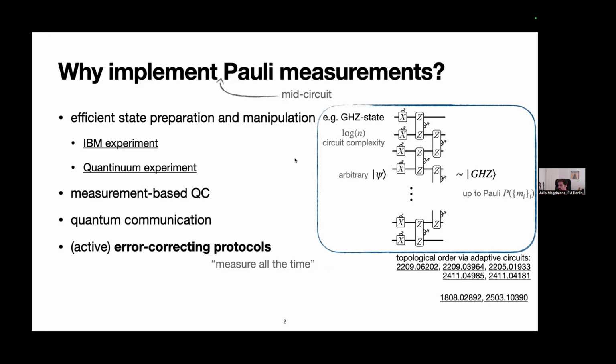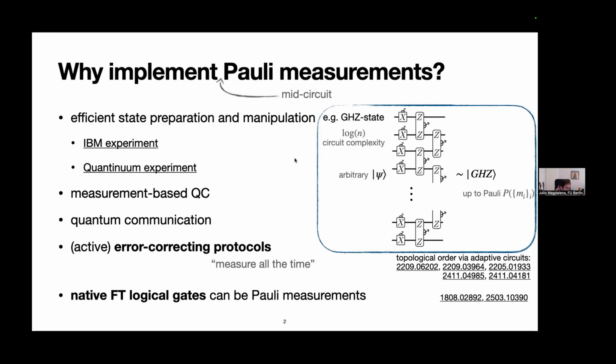And maybe more interesting on the application side is in active error correcting schemes. They are on the physical level usually phrased as protocols that are only composed of measurements, where the mantra is measure all the time to drive the state into certain subspaces, but also get some syndrome information out that we use. At the end of this talk, I will touch more on the applications of this.